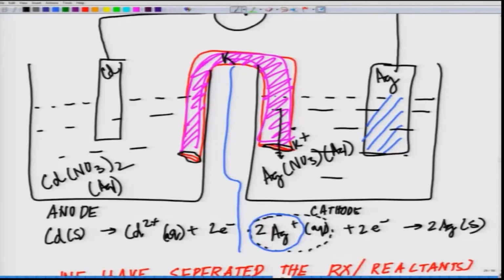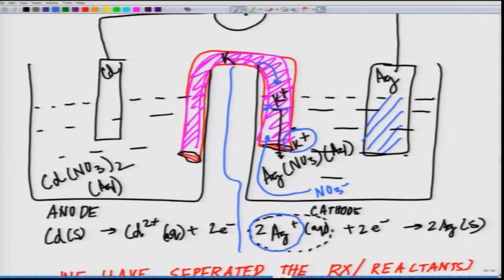From here some of the potassiums are moving into this side, whereas some of the NO3 minus is moving out there. This is the small amount of movement of ions which are happening somewhere out here. It does not proceed further. This is where some of these potassiums are moving onto the cathode side.